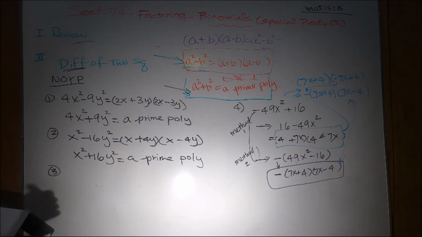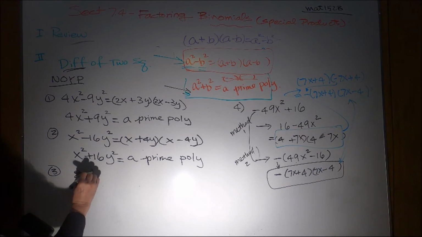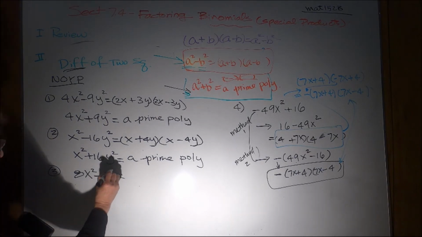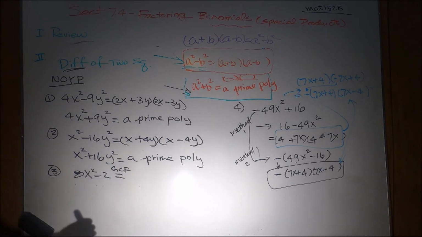If you have this one, 8x squared minus 2. 2 is not a perfect square, 8 is not. So you cannot use the formula, right? However, remember you always have to do what first? So you will do GCF.